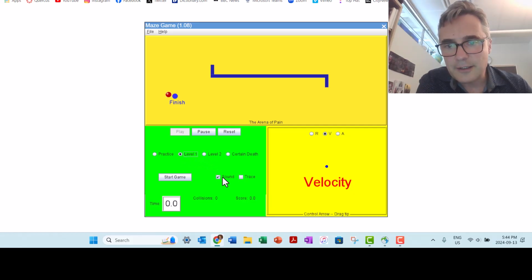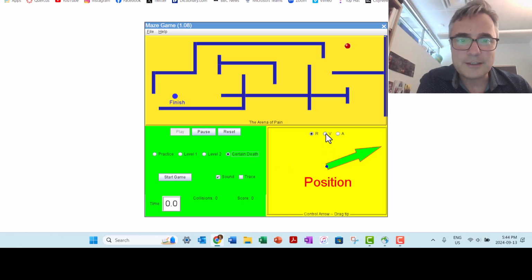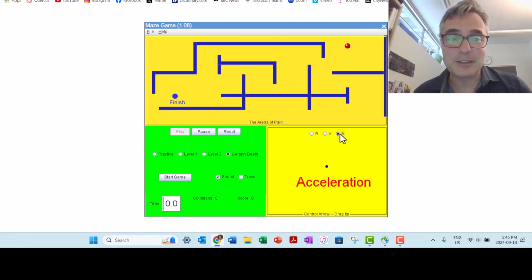And of course, they have all these different levels. You can add, I guess, boundaries. There's something called certain death. Let's see if we can do it. So we'll reset. Now, the real trick, and I don't think anyone's going to be able to do this one, is acceleration. And this is like you're kind of giving it force. Like it just coasts. It wants to coast all the time.